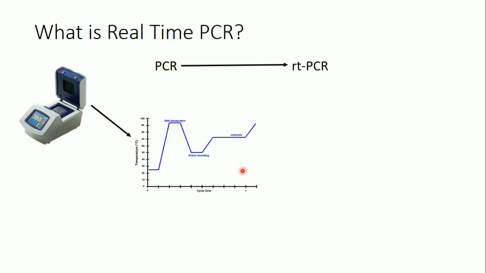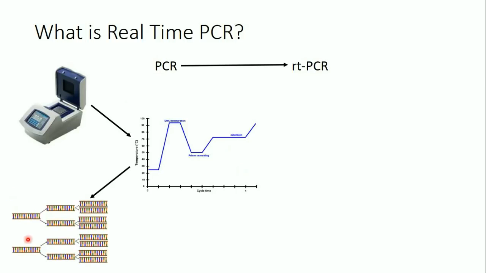And then after each cycle, we will get double the number of PCR sequence we have. So if you have first 2 sequences, then we will get 4, then 8, and so on. So it's a process of amplifying a specific DNA sequence or gene.